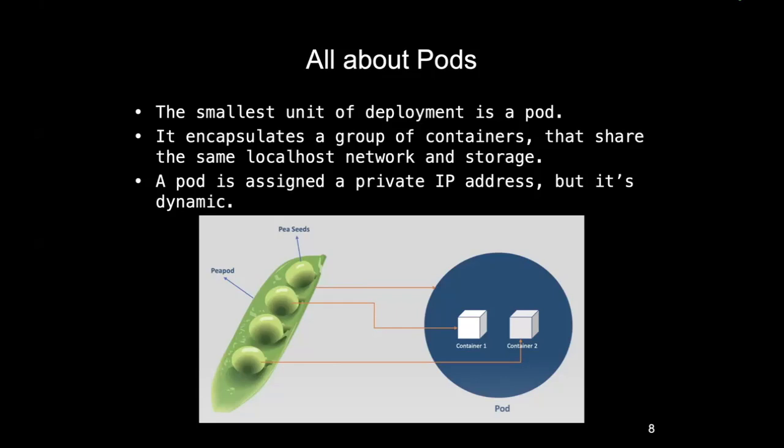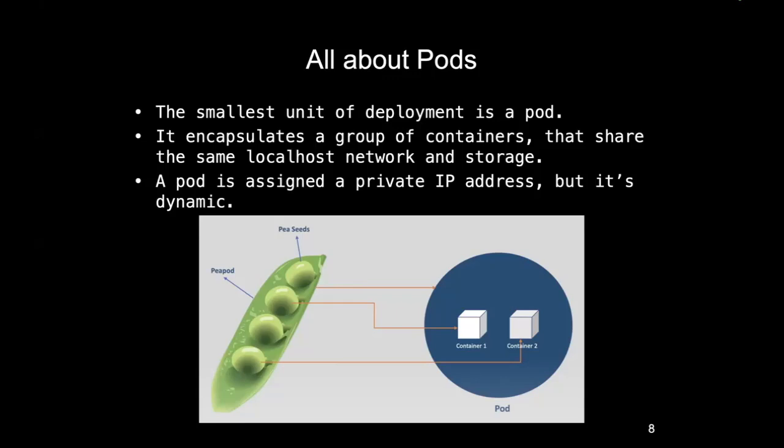Now, technically, a pod can contain more than one container in it. That would be the case in many production environments. Certainly not all pods would have more than one container, but some of them would. We're not going to get to see that in action, but just be aware of it.